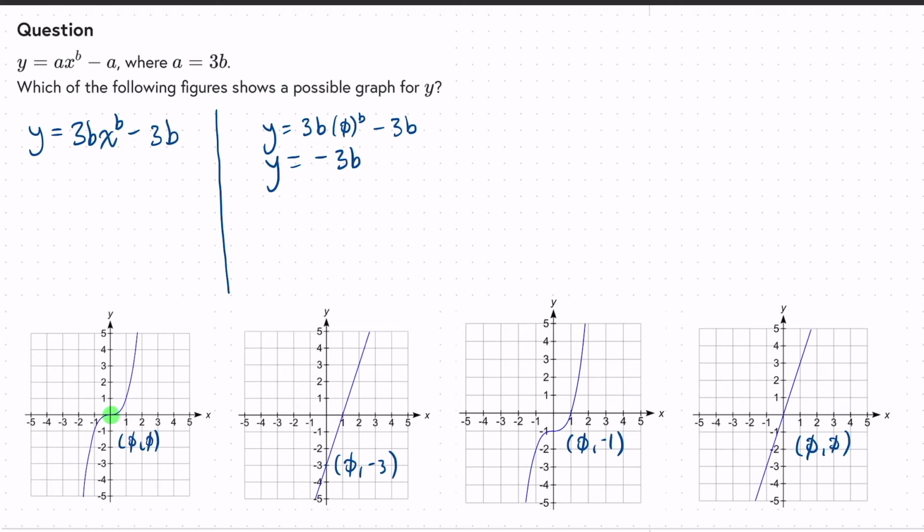So what we're going to do instead is, well, first of all, we can knock out these two. That doesn't work, and that doesn't work. But we can see that -3b, so there's some b which makes -3 true, right? That would be 1.